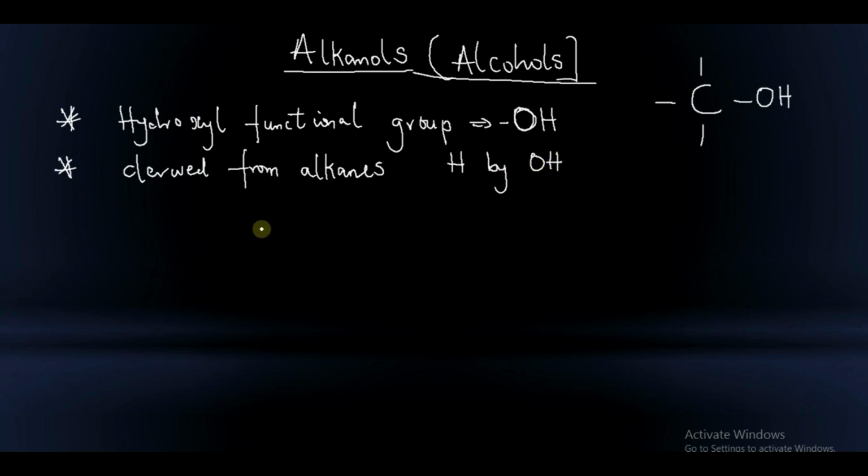So let's take, for example, ethane. Ethane is the second member in the alkane series, and it has 2 carbon atoms, and these carbon atoms are attached to hydrogen atoms. If I replace one of these hydrogens in ethane by an OH group, an alkanol will be formed.